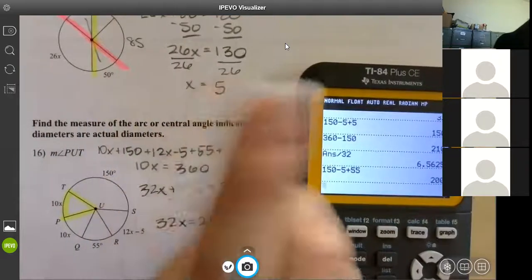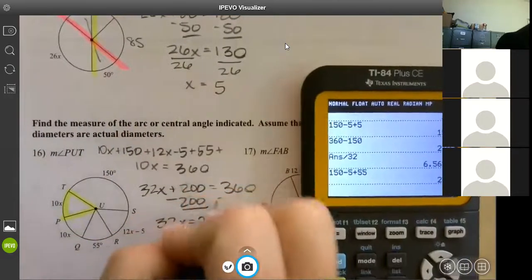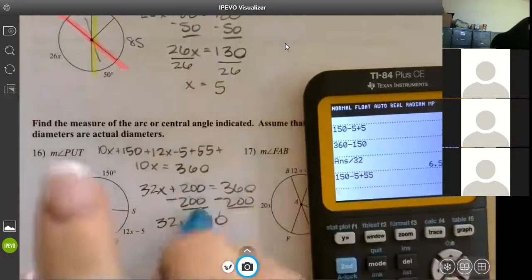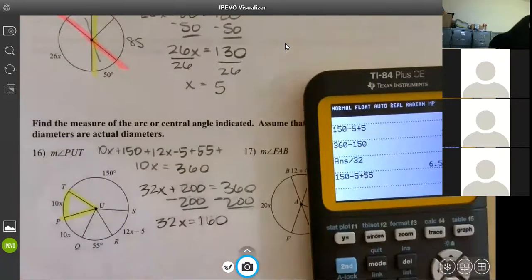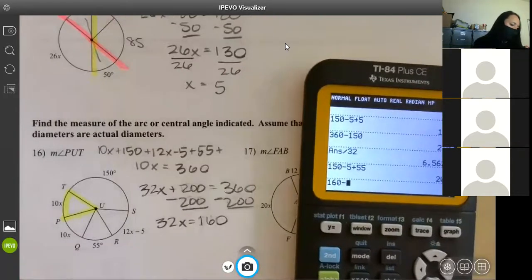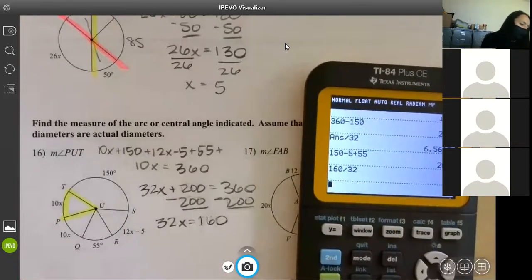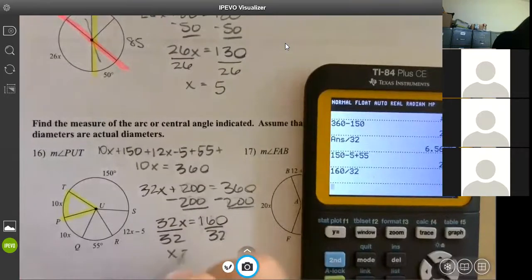Anytime I screw it up. All right, and then 160, that should be better. Divided by 32. Thank you. Gives me 5. But I'm not finished.